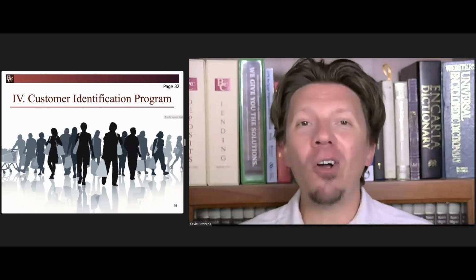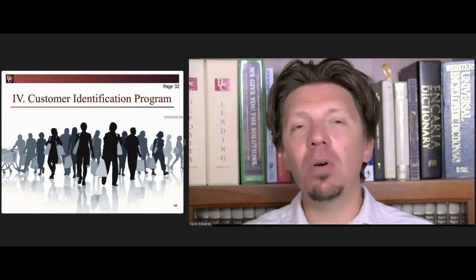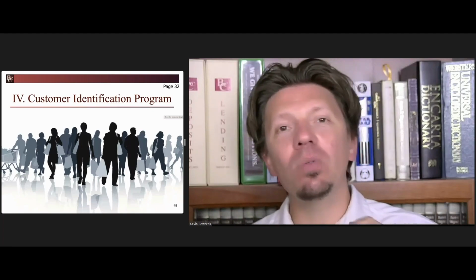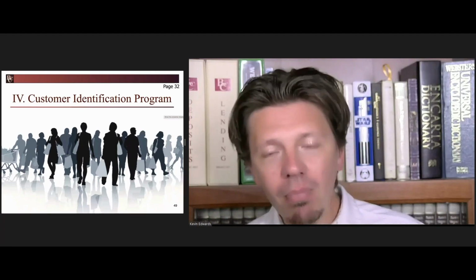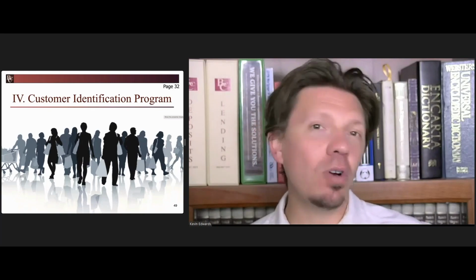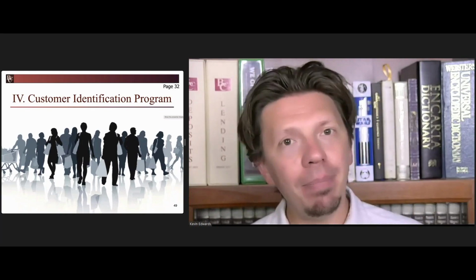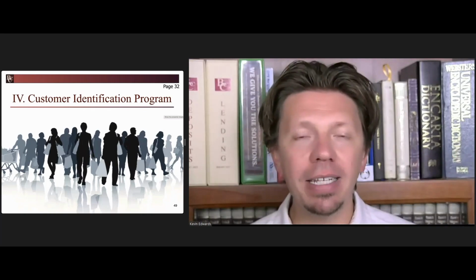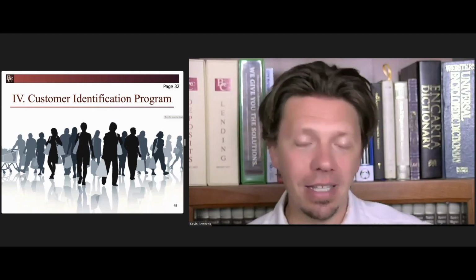Step 2, are they merging those 2 processes together? Because here's what happens in the real world. I come in and I'm trying to open an account. The person opening the account knows they have CIP. They know they need to have a driver's license. And so what they do is they say, Kevin, I need your driver's license. And they take the driver's license and they just start typing stuff in. Okay, that's not how it's supposed to work.